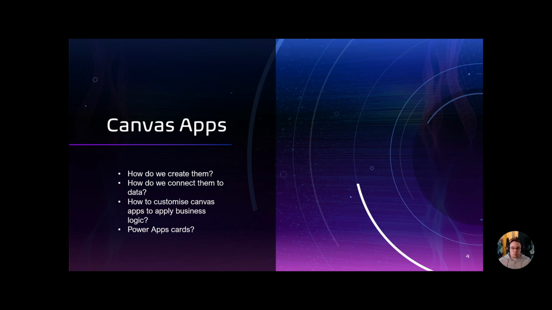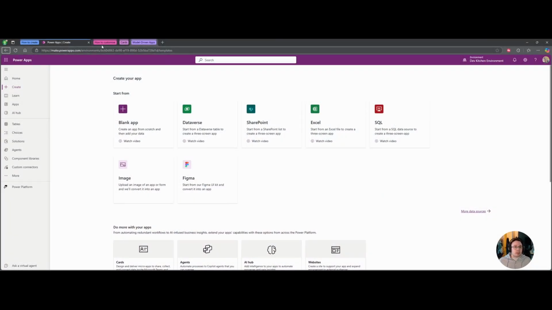However, when we're connecting to data, some of those connectors deal with that connection to data. So these are connectors like the Dataverse connector, the SharePoint connector, the Excel connector, and our SQL connectors, right? But we need to know how we add those into a Canvas app.